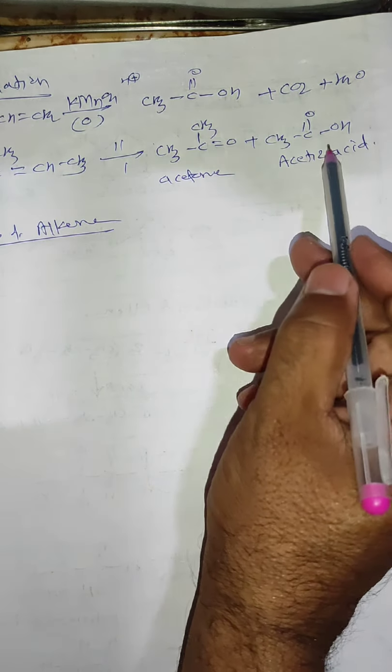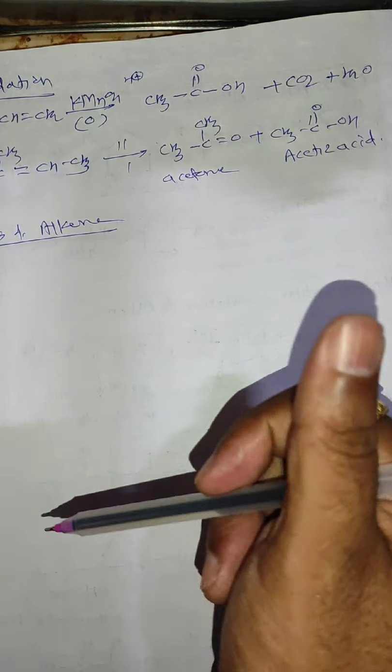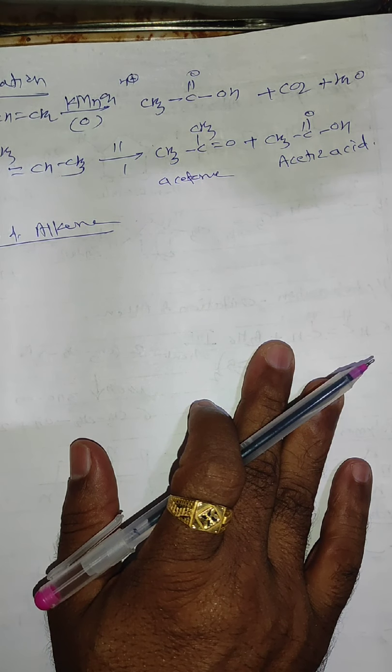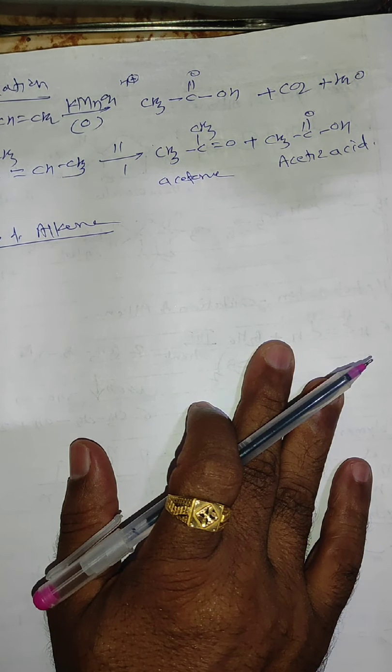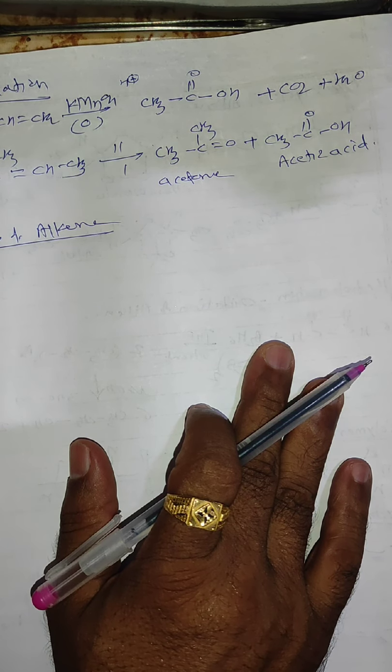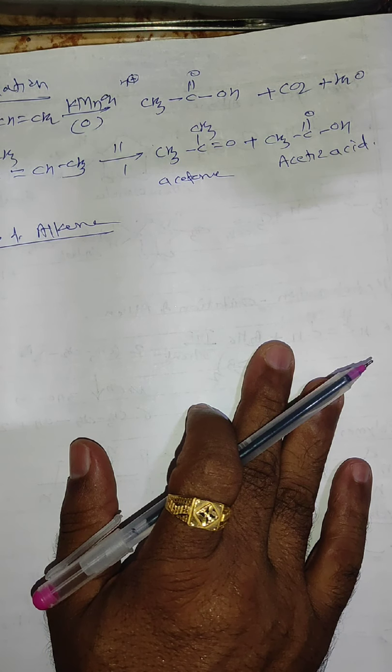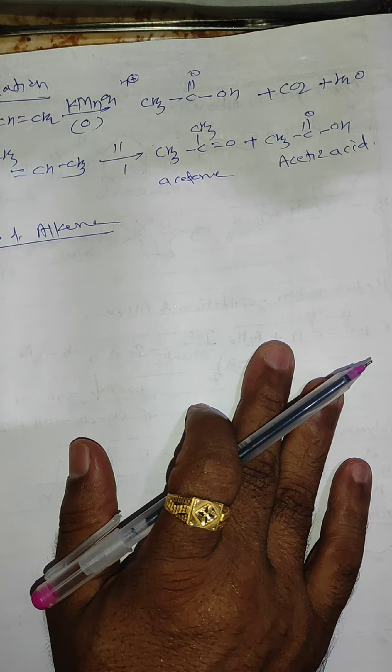Ethene and propene are used to manufacture polyethylene and polypropylene, which find use in polyethylene bags, toys, bottles, etc. Ethene is used for artificial ripening of fruits such as mangoes. So these are some applications of alkene. Okay, alkyne we will see in the next lecture.